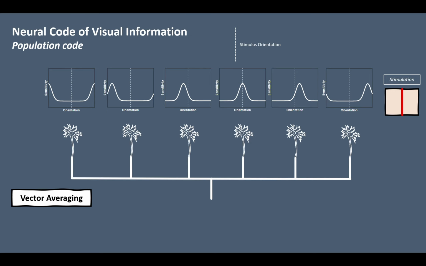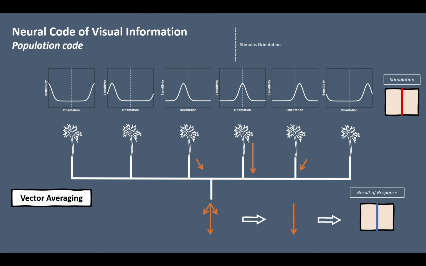Cells with tuning curves centered away but overlapping that orientation are excited less strongly. The cell signals can thus be represented by a vector pointing in the direction of the cell's preferred orientation with a length proportional to the strength of the cell's response. For all the activated cells, one can calculate a vector sum with a direction that represents the value of the stimulus.